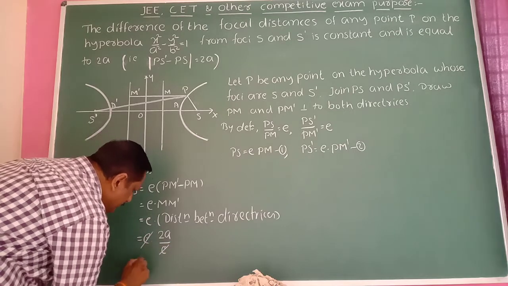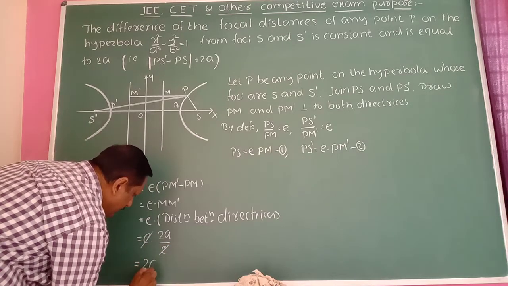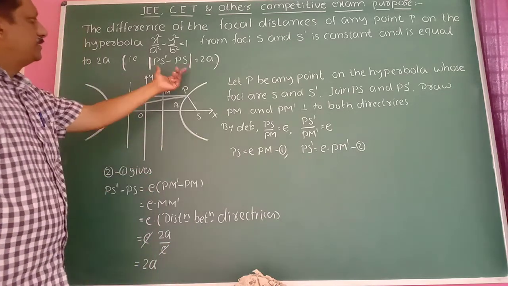This e and this e get cancelled, so what remains is 2a. So it is the required result.